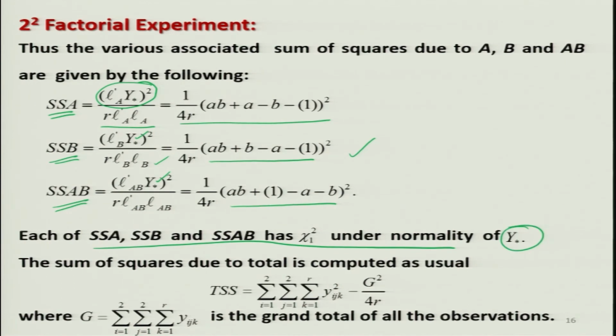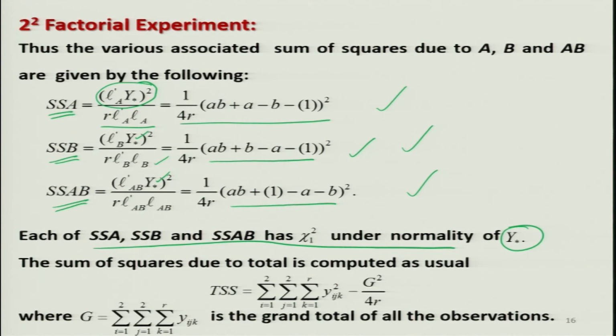So now how are you going to compute the different components of the analysis of variance table in this case? You have obtained SSA, SSB and SSAB. Basically, what you have done is computed the treatment sum of squares. How? That I will try to explain.